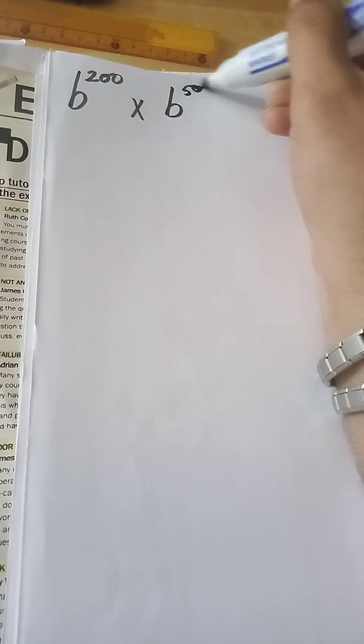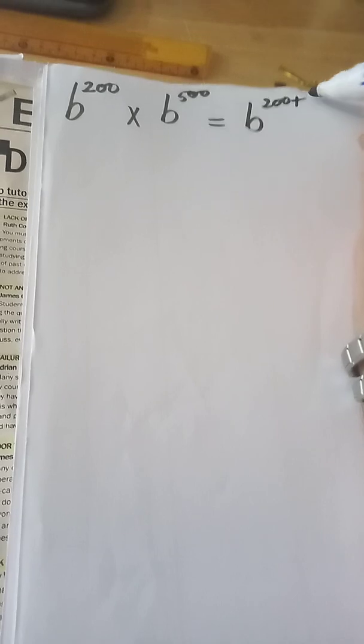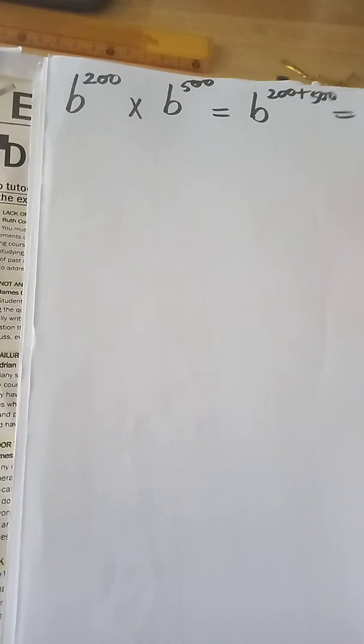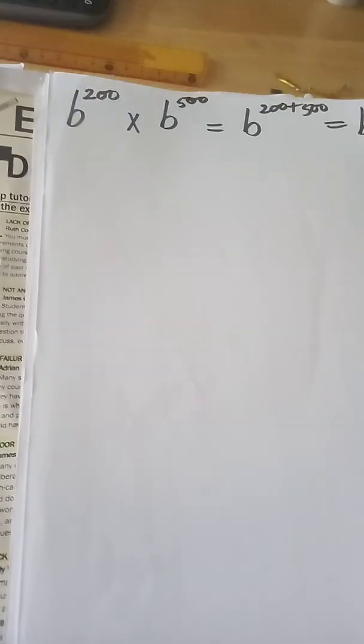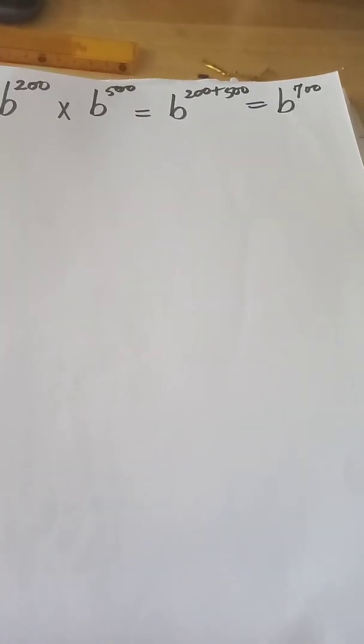The last example in this case would be b to the power 200 times b to the power 500. It would be b to the power 700. There we go. That's that. And then the other exercise, I'm going to flip it.